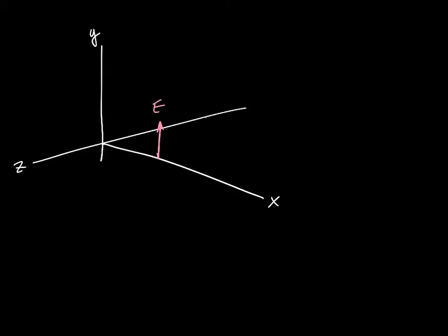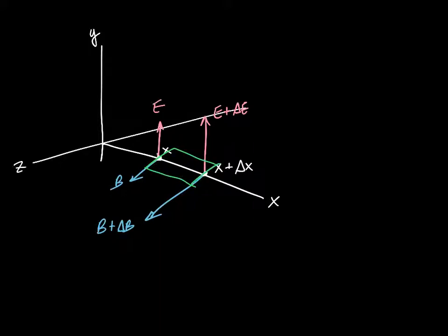So I have E, I'm going to have E plus delta E, I'm going to have B plus delta B. This is my x spot, this is my x plus delta x spot there. And so now, if I flip the rectangle down to be here, I'll do the same A, B, C, D business as before.